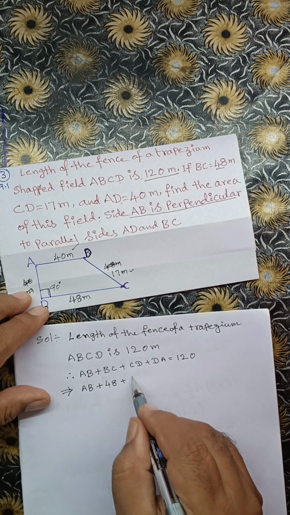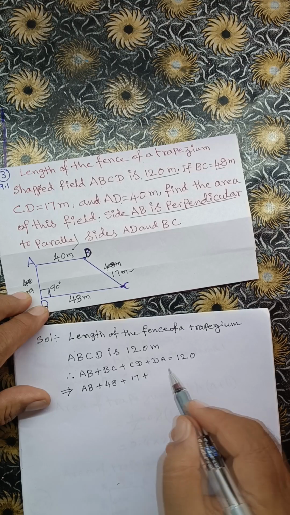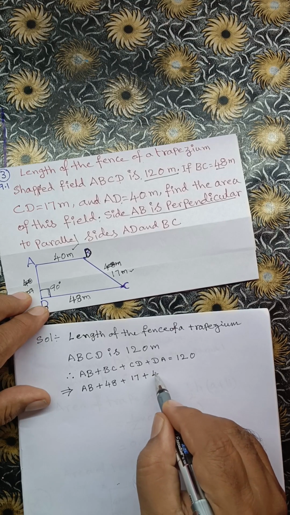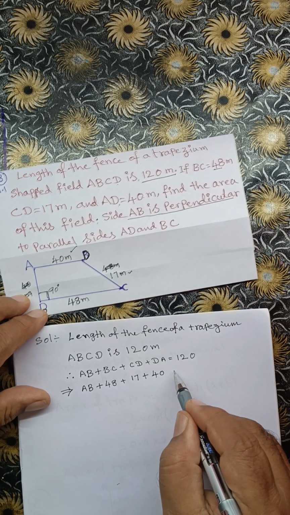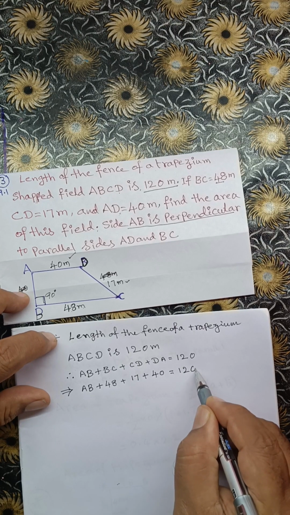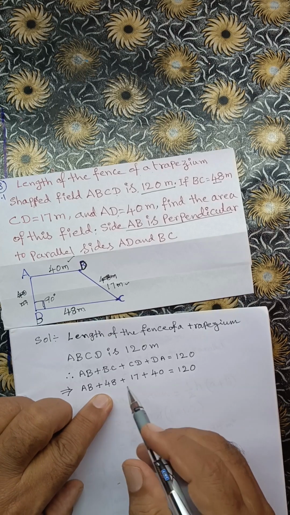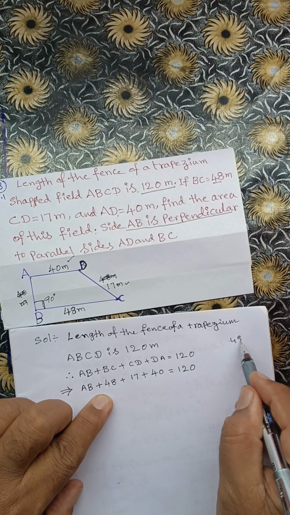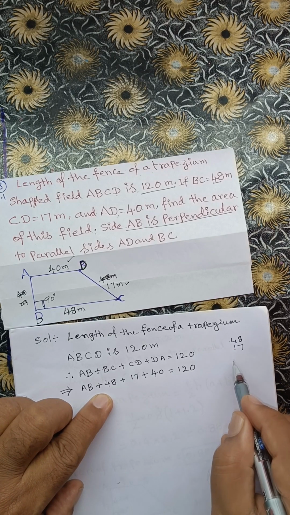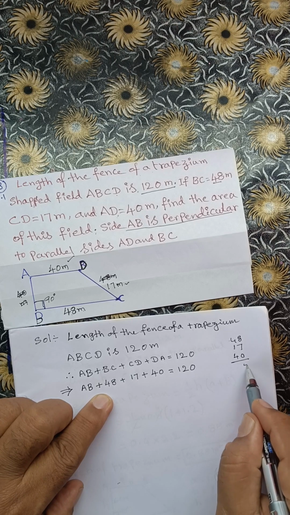What is the CD? 17 plus 40 is equal to 120. Add these values: 48, 17, 40, 15.